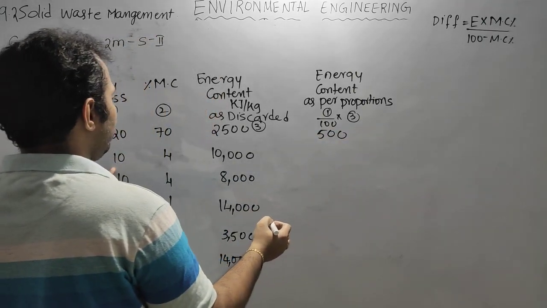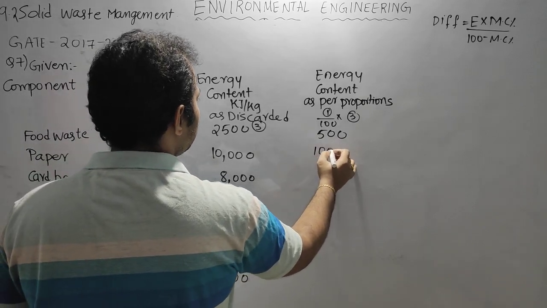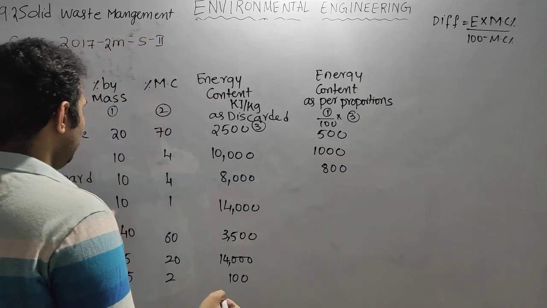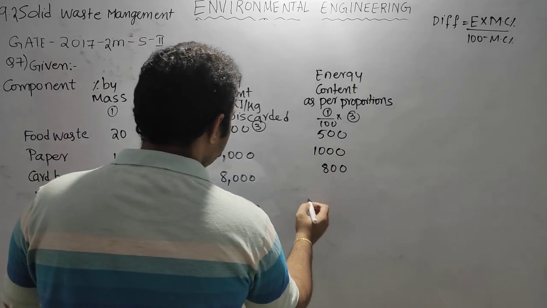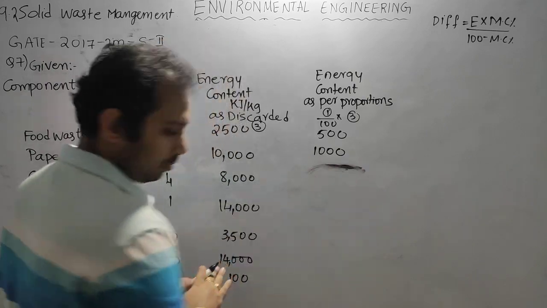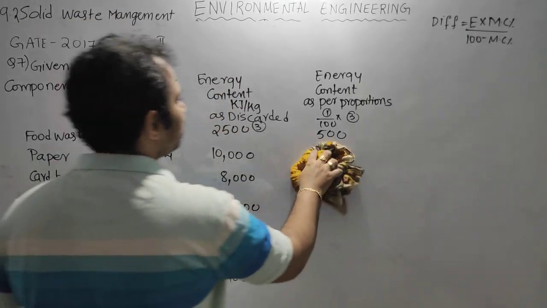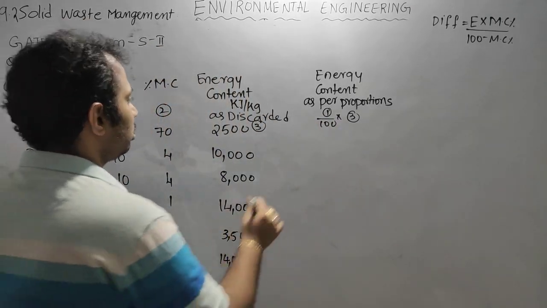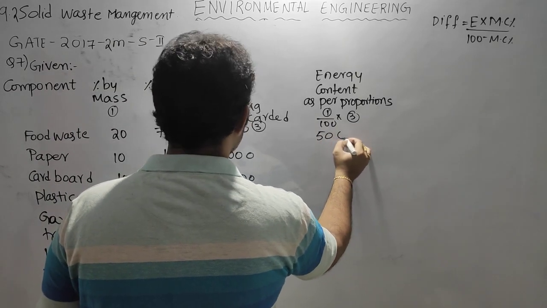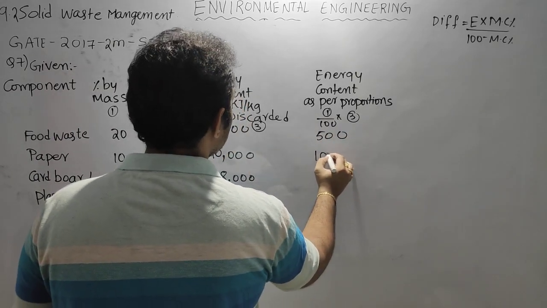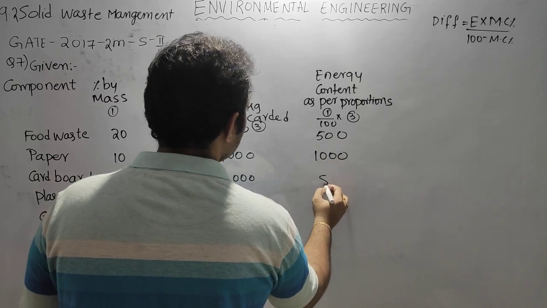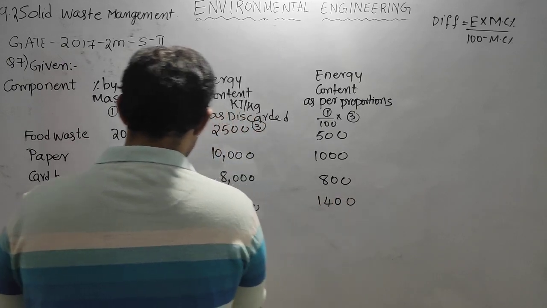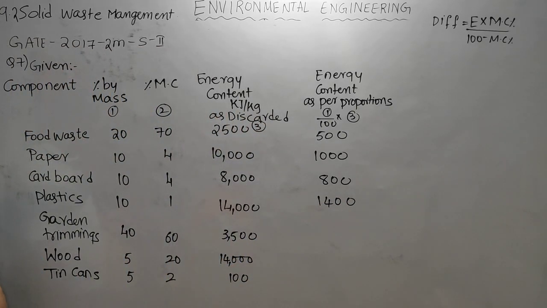Similarly here 10 by 100 into 8000, that is 800. Here 10 by 100, 1400. So 40 into 3500, how much is it?